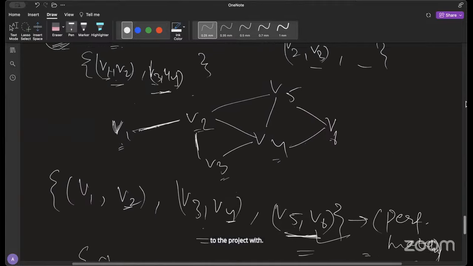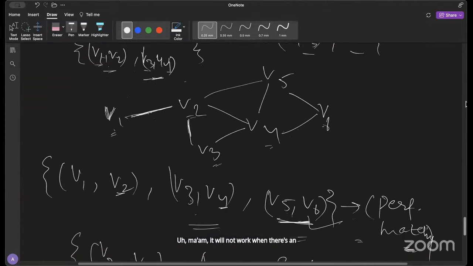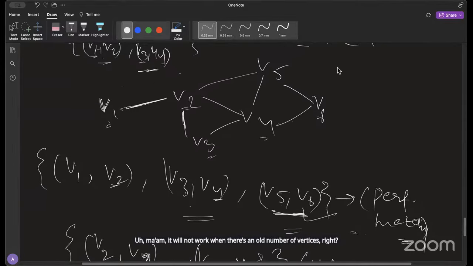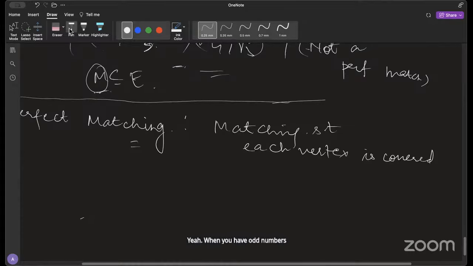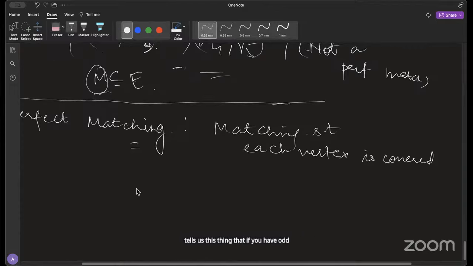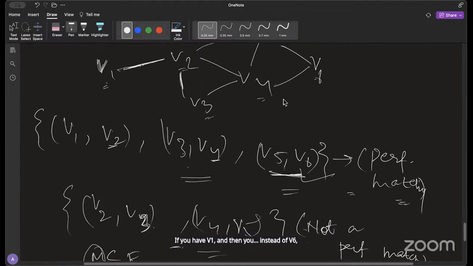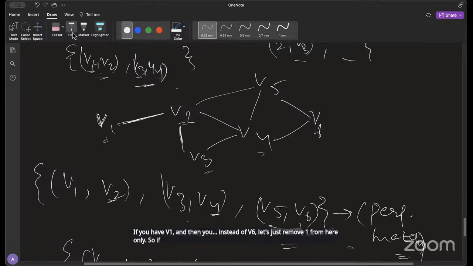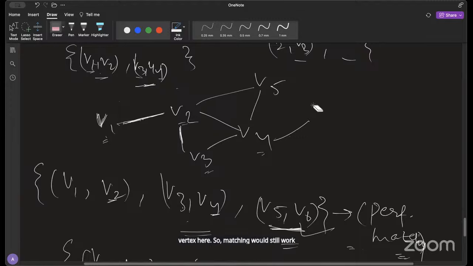Ma'am, it will not work when there's an odd number of vertices, right? Yeah, when you have an odd number of vertices, instead of V6, let's just remove one from here. If I remove V6, then I can have V1, V2, I can have V3, V4, but V5 is left alone.